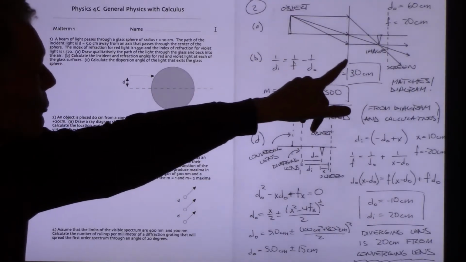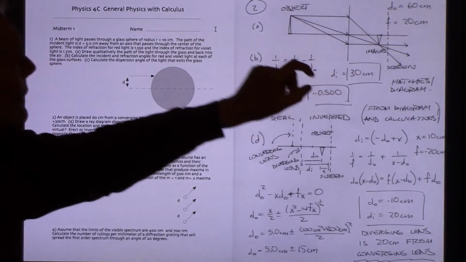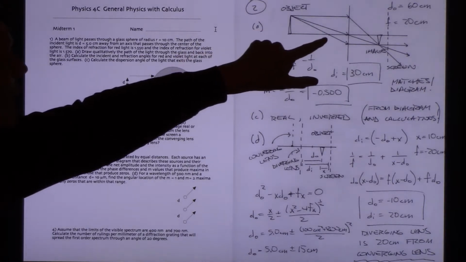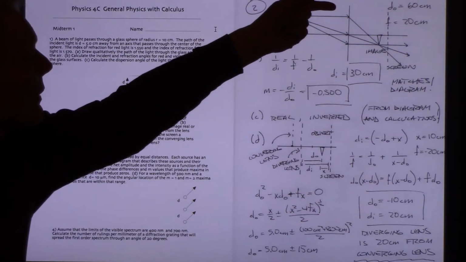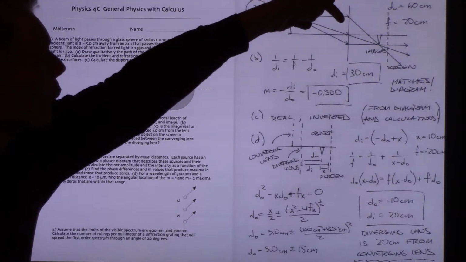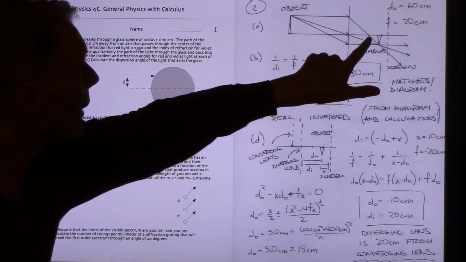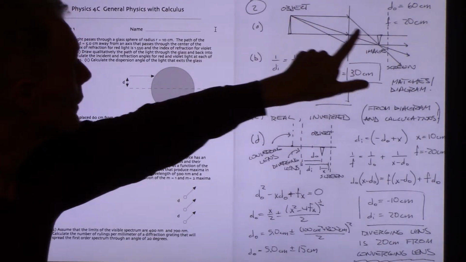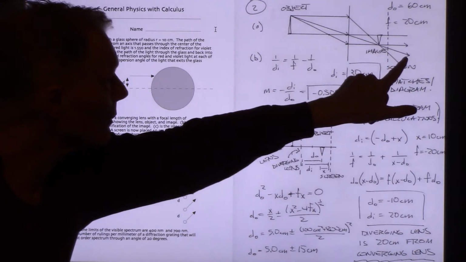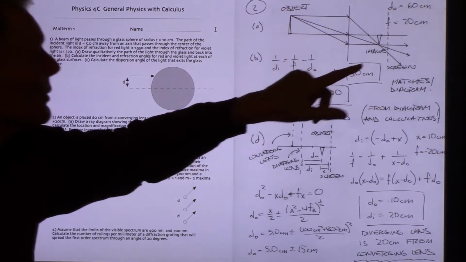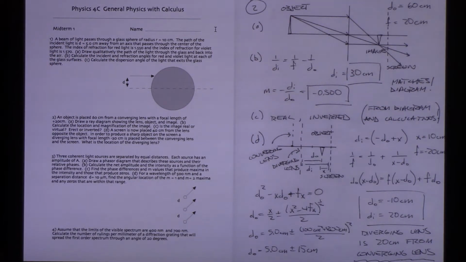So I draw perpendicular to that, I place an object, I draw in the focal points on either side, and then the first path is parallel, and then goes through the converging lens and comes back through the focal point. My favorite path, as always, is the one that goes right through the middle. And then wherever that intersects, that's going to be the location of the image.